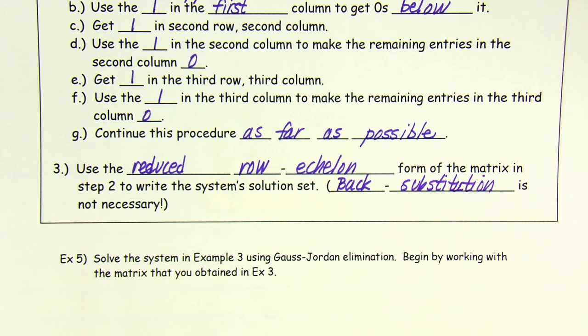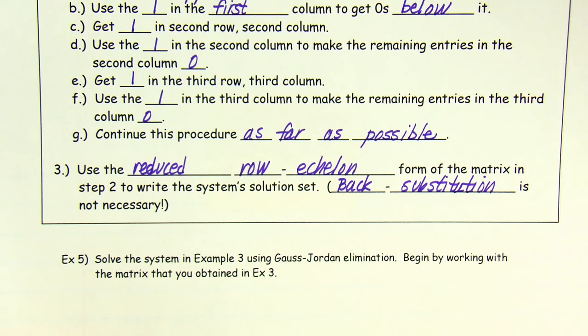So on a quiz, you would have to first put a matrix in row echelon form, use back substitution, give the solution. The next step would be to recopy your row echelon form matrix, put it in reduced row echelon form, and write the system solution a second time.